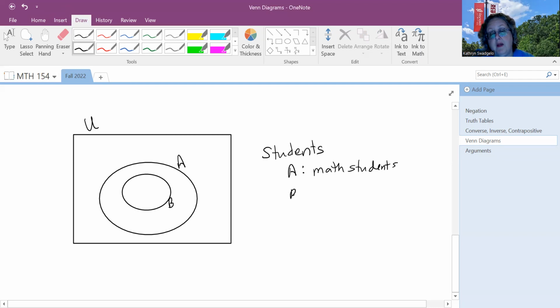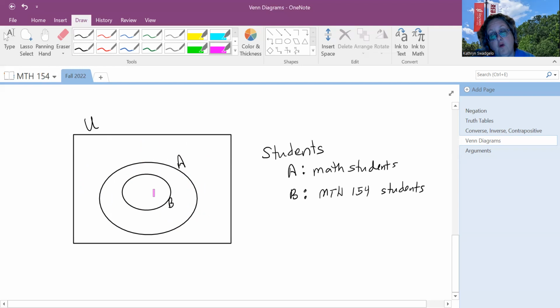And what's something that math students all have in common? Math students could be Math 154 students. So that's telling me that all students out here, so there could be English students out here, psychology students, history students, and they might be in here too. Those might be overlapping. But math students are here, non-math students are outside of that.